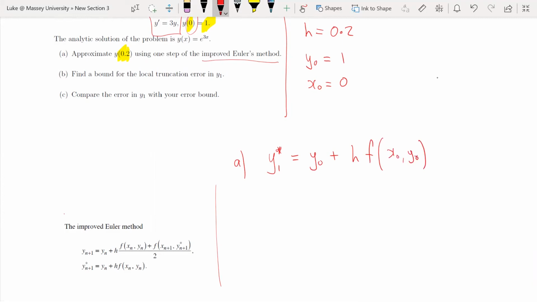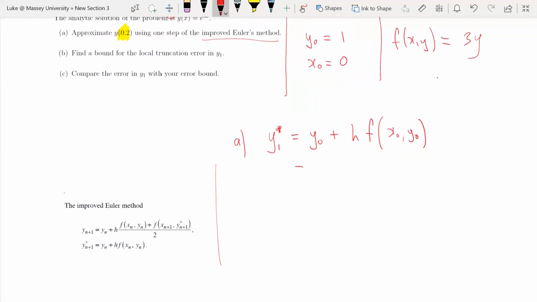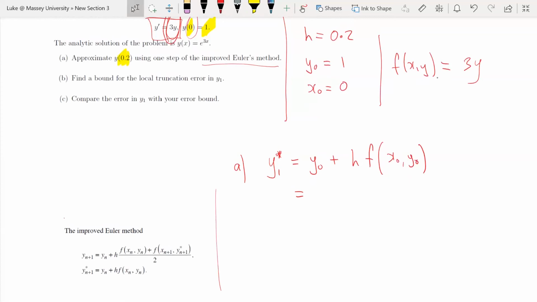So what is my function f? Well, f of x, y is just the right-hand side of the ODE. In this case, it's just 3y. So if we plug in these numbers, y1 star is equal to y naught, which is 1, plus h, which is 0.2, times f evaluated at x naught, y naught. Well, f is 3y, and y naught is 1, so this is just 3. So this is equal to 1 plus 0.6, so 1.6.